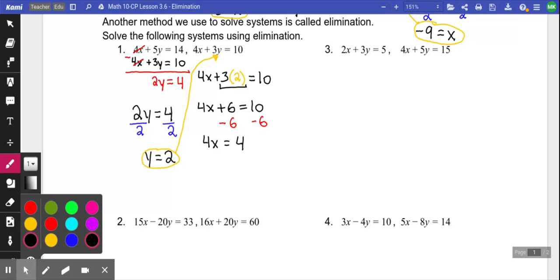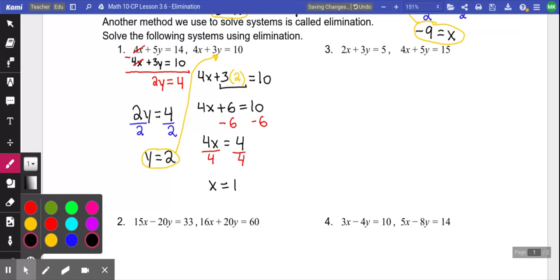What number am I going to have to move now to get x by itself? 4x, yeah, you're going to have to move that 4. You have to move this 4 away from the x by dividing it to the other side. That gives me x equals 1.